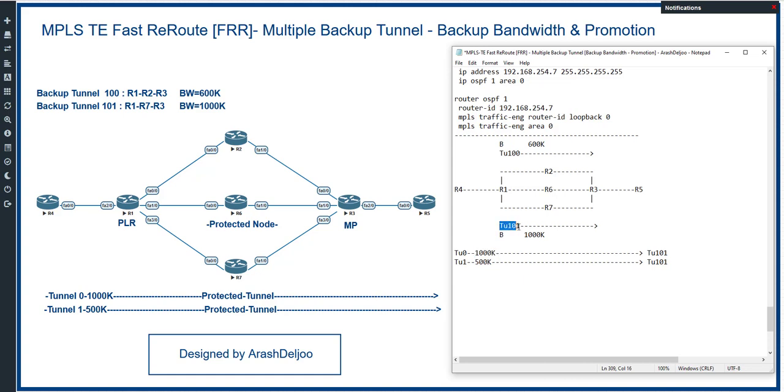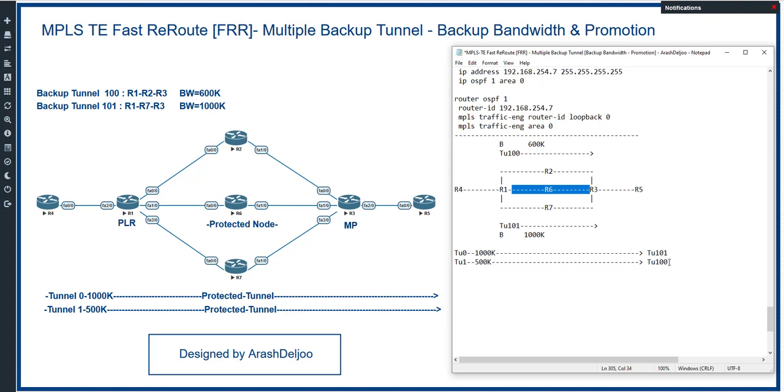And for tunnel 1 we can use tunnel 100, because tunnel 1 can send its traffic through tunnel 100 when the main link fails. We will not have any problem, okay.